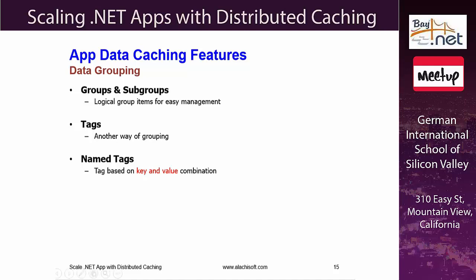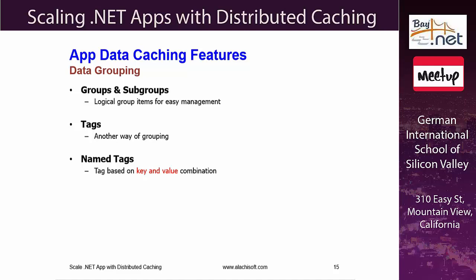So there is a concept of a group, tags, and name tags. These are essentially metadata that you can associate with the cached items. So when you're adding something to the cache, you can say it belongs to group A. So all the items that belong to group A, you can fetch them all in one call, or you can remove them all in one call, and so on and so forth.